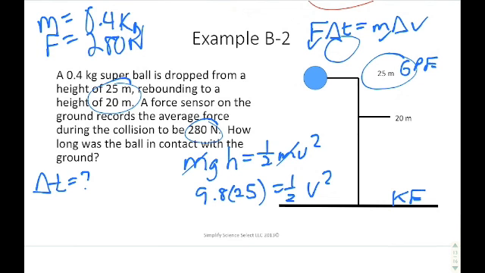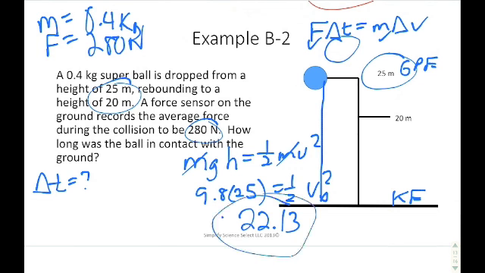So whenever you multiply that out, you get 9.8 times 50, and then you would take the square root of that value, and you would get 22.13.